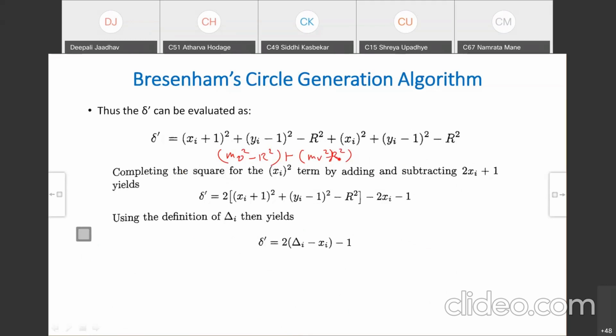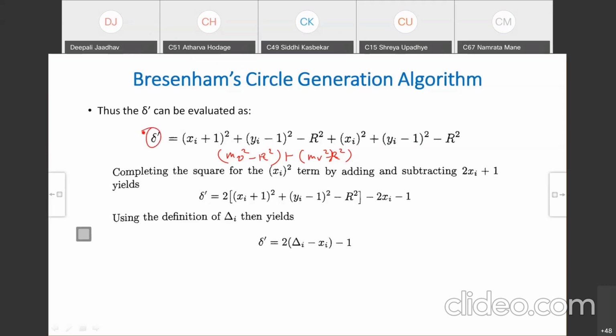Why is MV used here? Because now it is the third and fourth case. In the first and second case, horizontal and diagonal; third and fourth case, diagonal and vertical. So using this equation, we evaluate delta dash.